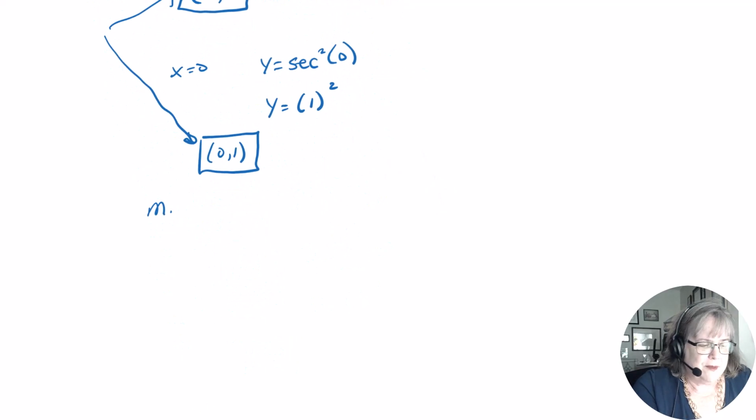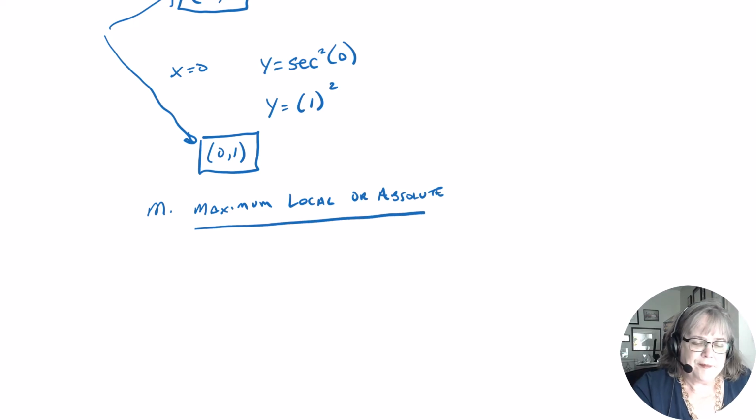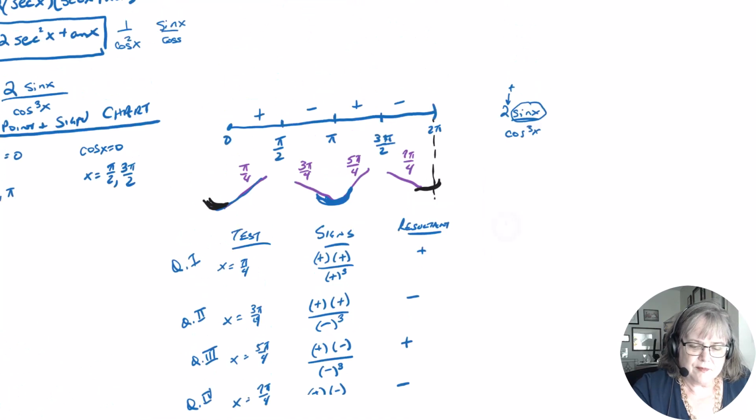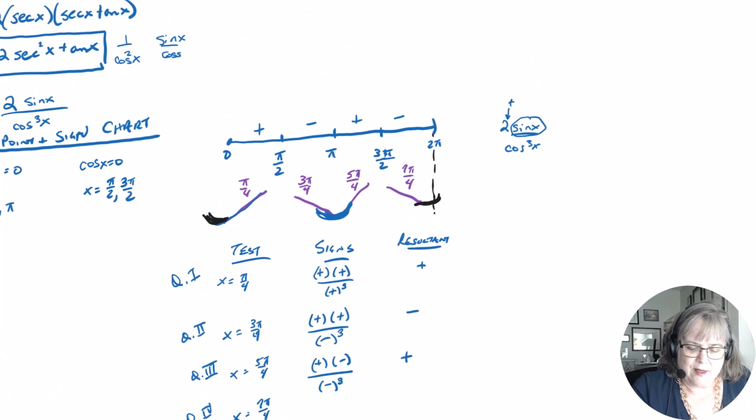And then for the maximum, now, if you look back up here at the sign chart, it looks like there's this mountaintop thing going on right here at the top of a hill. And so it sort of implies that there might be a maximum there.